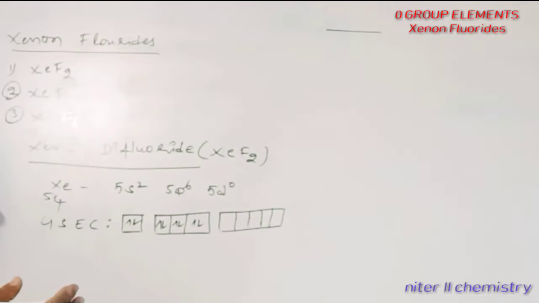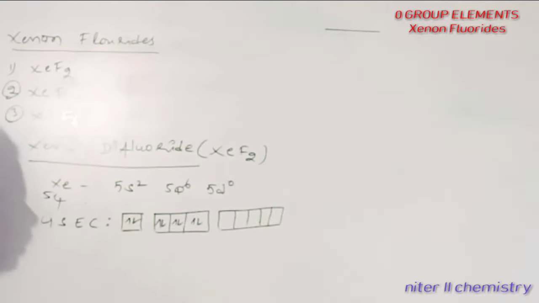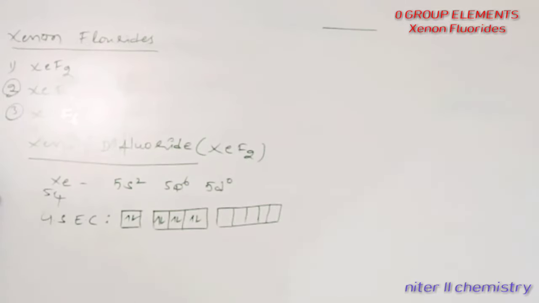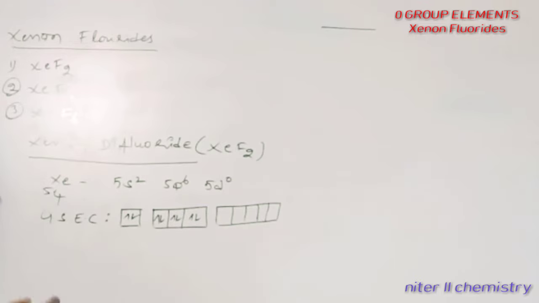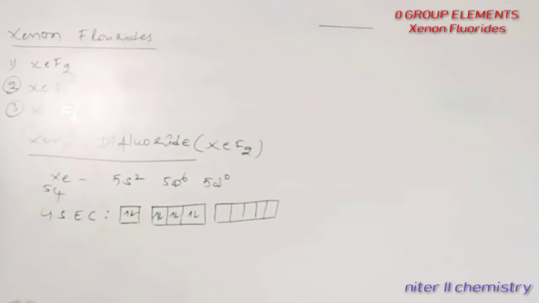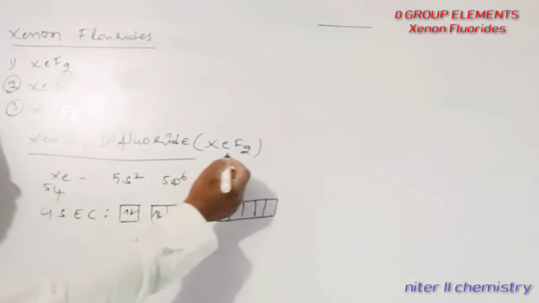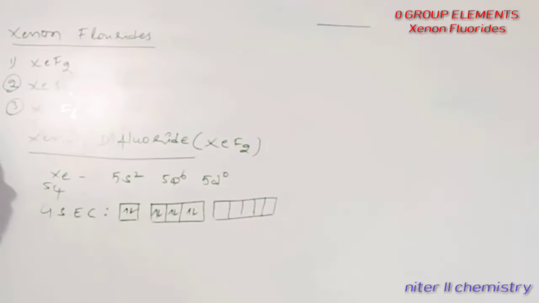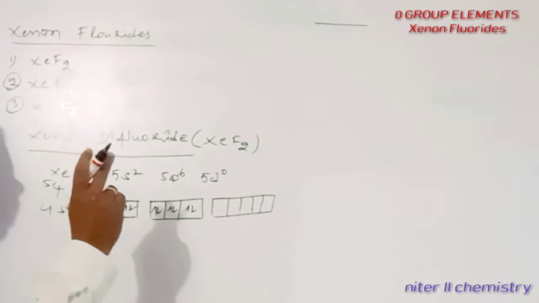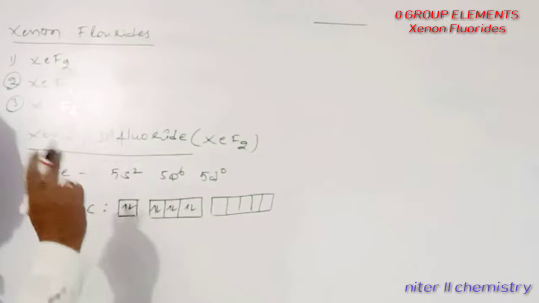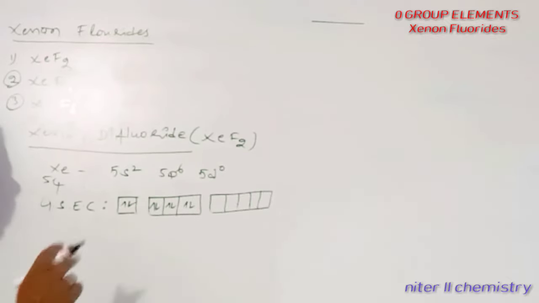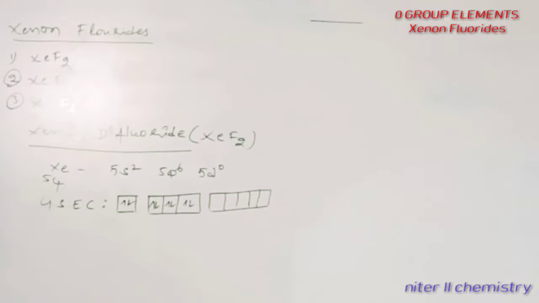When highly electronegative atoms like chlorine and oxygen come near xenon, it can react with them by the excitation of electrons. In xenon dichloride, there are only 2 chlorine atoms, and the chlorine atom is monovalent. So we want at least 2 unpaired electrons in xenon.